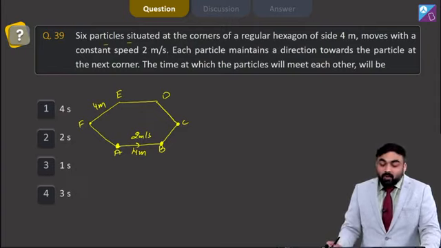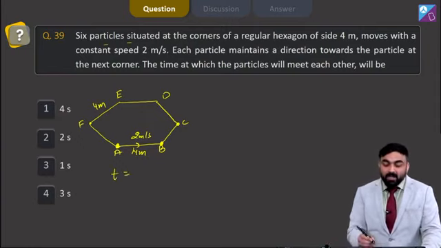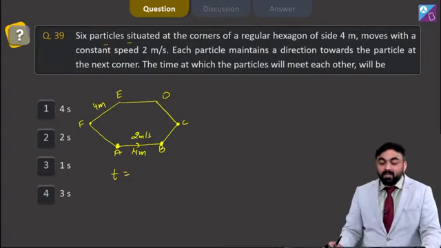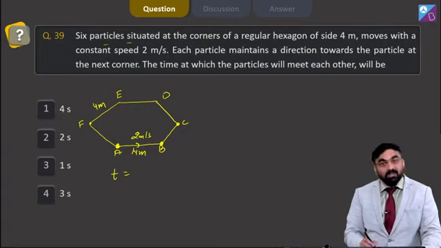The time at which the particles will meet each other will be... As A is following the course of B, if we want to calculate the time taken by the particles to meet each other, it can be given by the distance traveled by the particle.